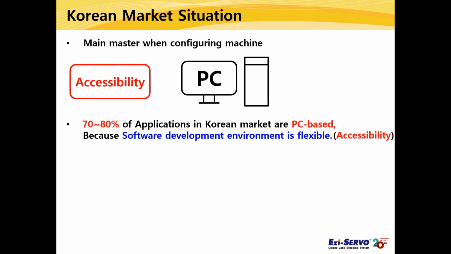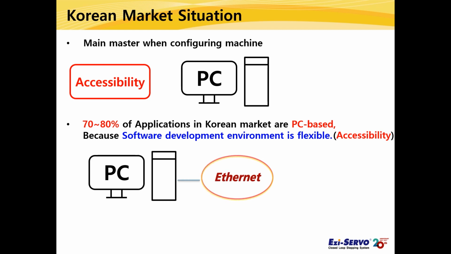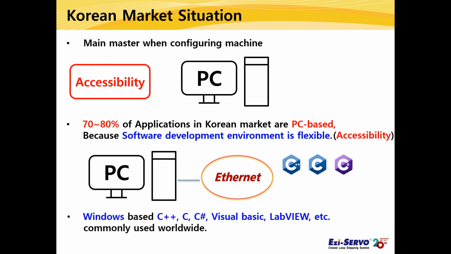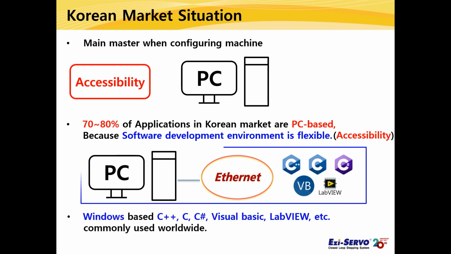In more detail, since customers can easily configure machine programs in a Windows-based programming environment by directly connecting to a Windows-based PC, most customers in the Korean market prefer and use FASTECH's Ethernet products a lot. In addition, the most widespread software development environment in the world is PC, and Windows-based C++, C, C#, Visual Basic, LabVIEW, etc. can be used commonly.